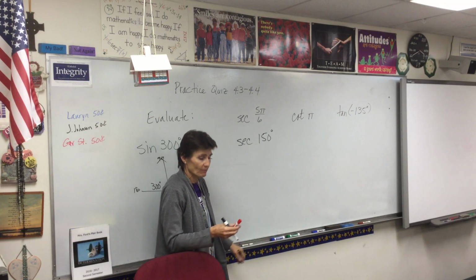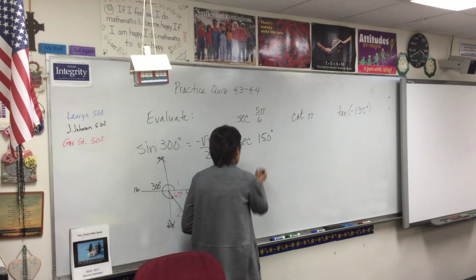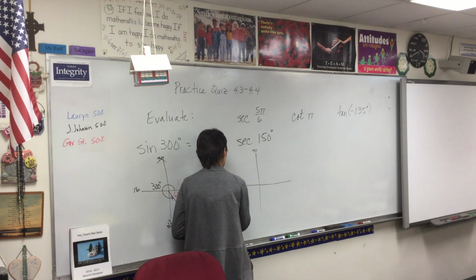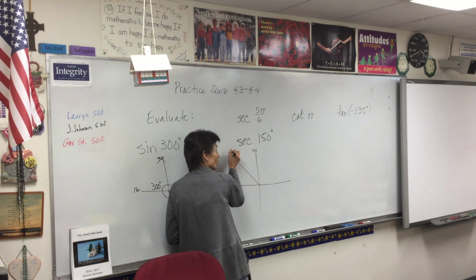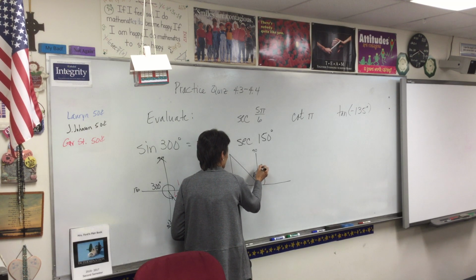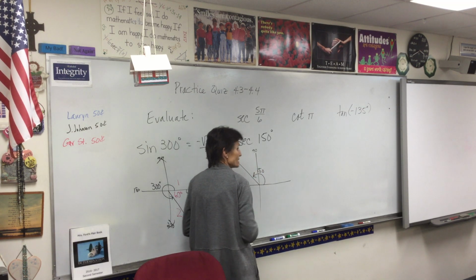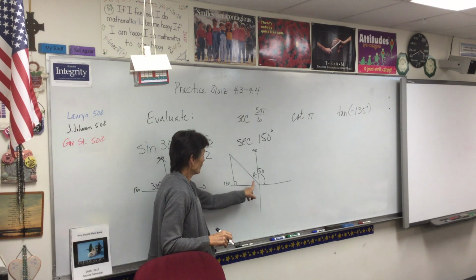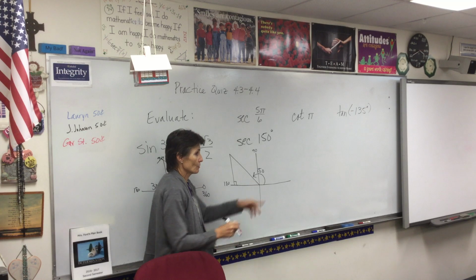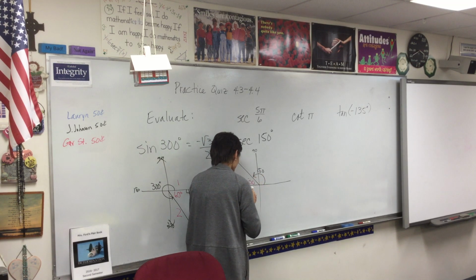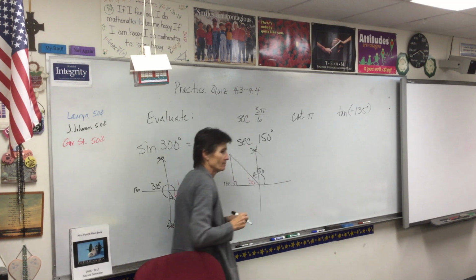So I like to divide first. Okay, so I'll draw 150. Where's 150 going to be? Over here, right? This is 150. Bigger than 90, but less than 180. What's that angle? 30. 180 minus 150. Do not ever look at the 90.